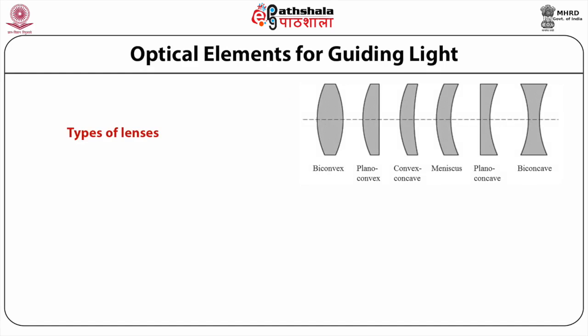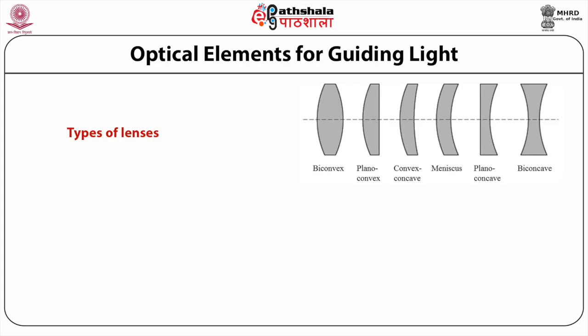For example, shown here in the first image, depending on the curvatures of the two surfaces, the lenses can be biconvex, meaning both the surfaces are curved towards outside, or the lens can be plano-convex, meaning one surface is plane and the other surface is curved towards outside, or a lens can be convex-concave, meaning one surface is convex type and the other surface is concave type.